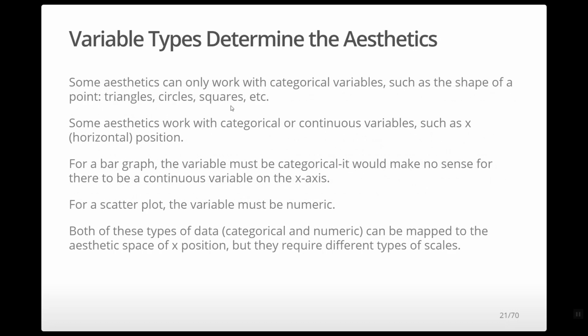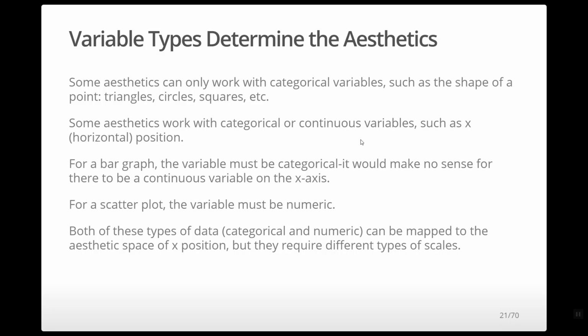All right. So certain aesthetics only work with categorical variables, such as the shape of a point. You can probably do triangles and circles and squares, or maybe little symbols, emojis, or something like that. But that's going to be a categorical thing. Some things work with categorical or continuous, such as x.